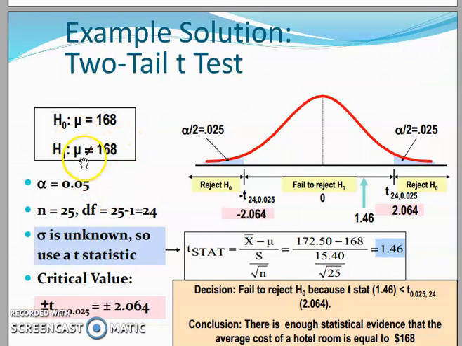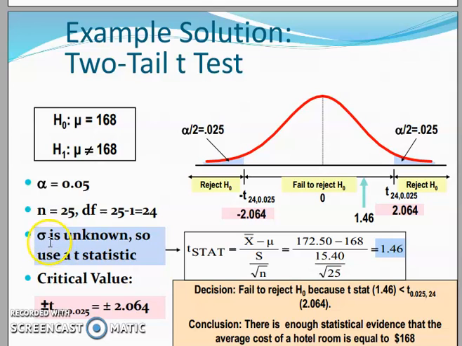To solve this, we have the null and alternative hypotheses, which is our claim: mu, the population mean, is 168, and mu is not equal to 168. Then the significance level, the sample, and the degrees of freedom. For t-stats, the degrees of freedom is n minus 1, so here we have 24.